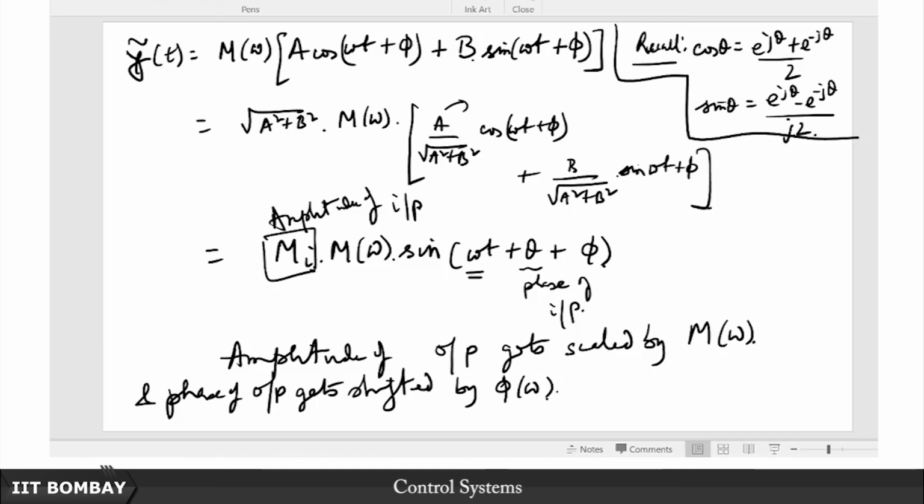So this encapsulates the effect that the system has on the input signal.